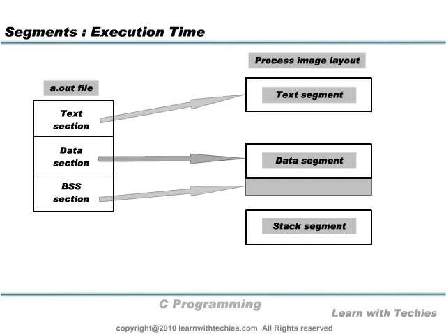Since the extended memory is initialized to 0, the initial value of any uninitialized static or global variable is 0 in a C program. The last one is stack segment. This is used for memory allocations at runtime. We would discuss this later on in the course.